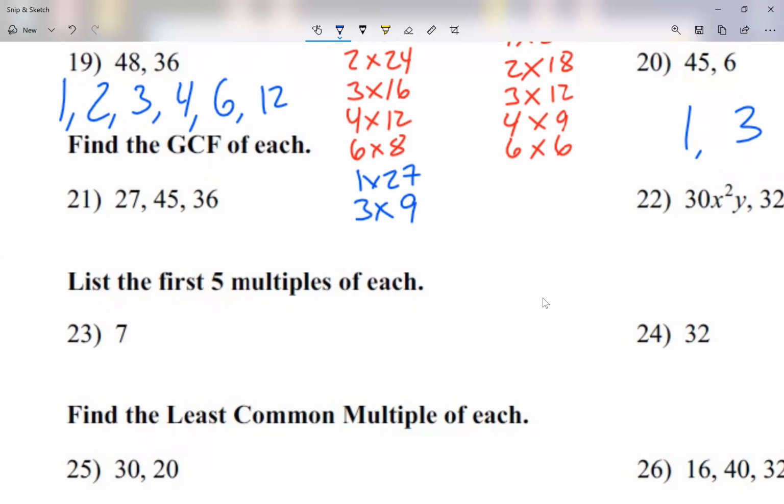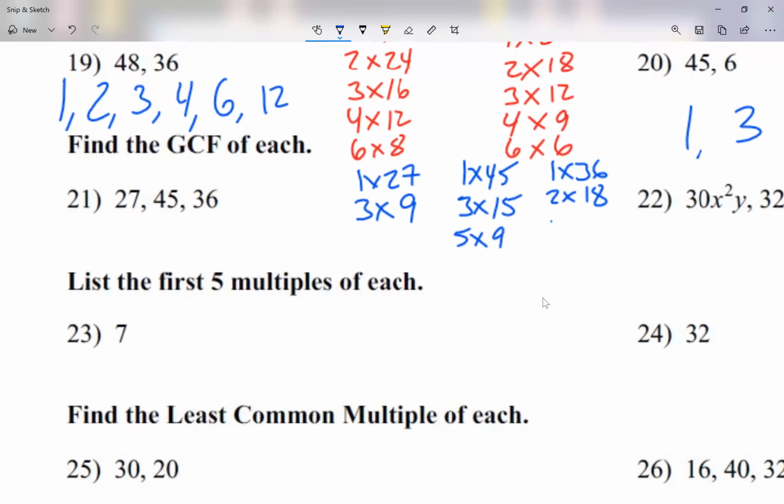Let me find my factors of 45. 1 times 45, 3 times 15, and then 5 times 9. Let me find my factors of 36. 1 times 36, 2 times 18, 3 times 12, 4 times 9, and then 6 times 6.